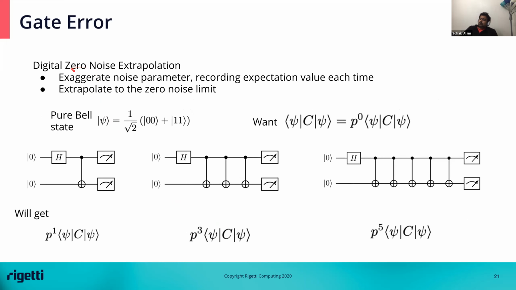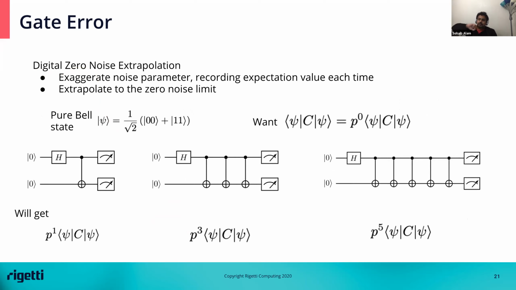So the broad idea here is what's known as digital zero noise extrapolation. And I can send you all some papers as well, as further reading. This has become a very popular method of extrapolating or mitigating for gate errors in the near term, for these near term algorithms.